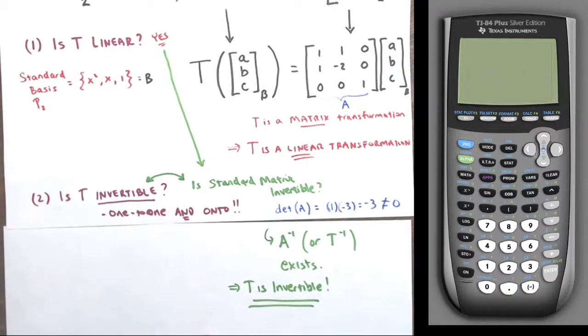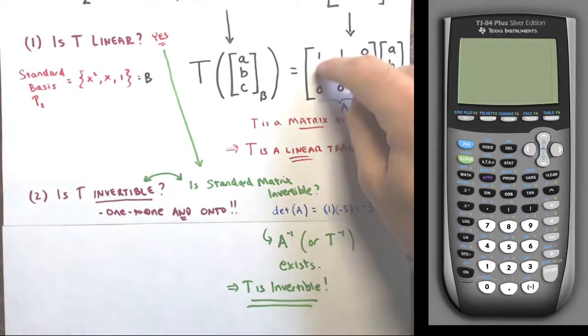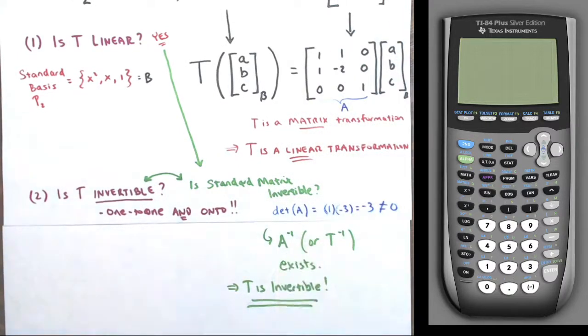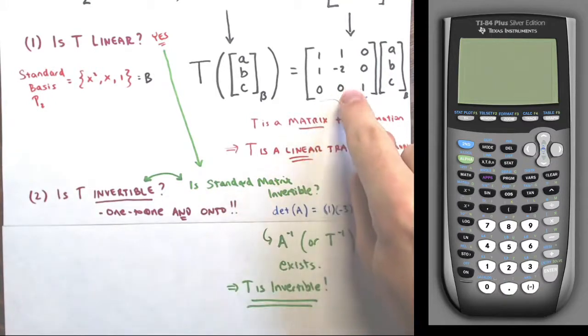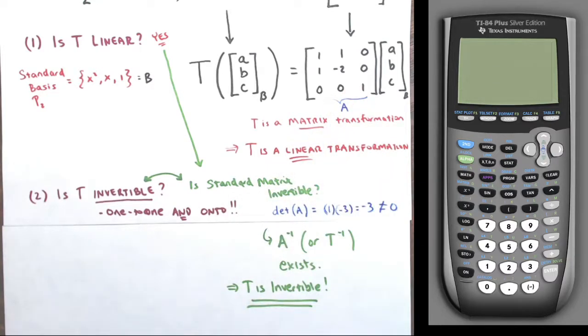If all the columns were pivot columns, that means all the columns of the matrix were independent, and if that's the case, you're going to have a one-to-one transformation. And to check for onto, again, you put this matrix into an echelon form. If it has a row of zeros in it, then you're not onto.